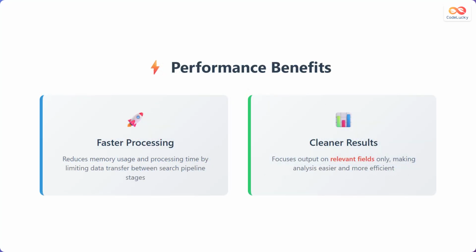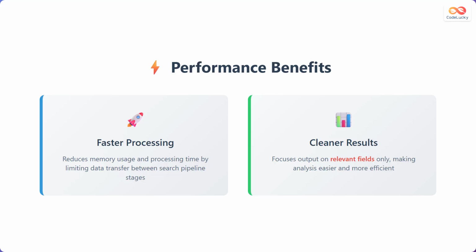The fields command provides significant performance benefits that make it essential for efficient Splunk searches. First, it enables faster processing by reducing memory usage and processing time. When you limit the fields early in your search pipeline, Splunk has less data to transfer between different processing stages, which speeds up your entire search.